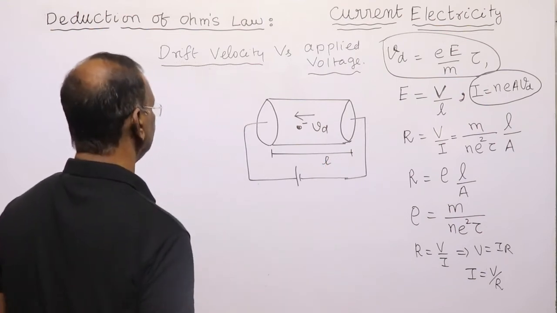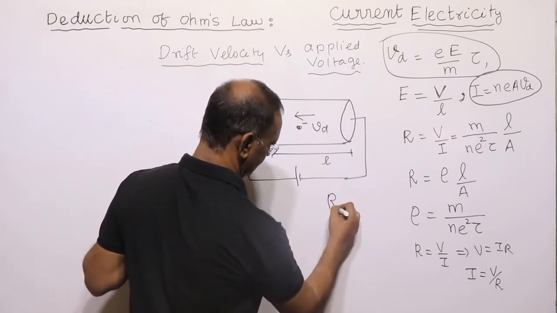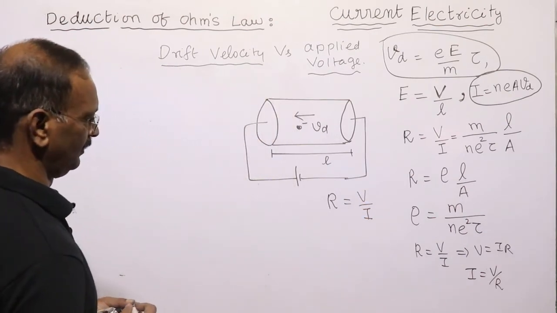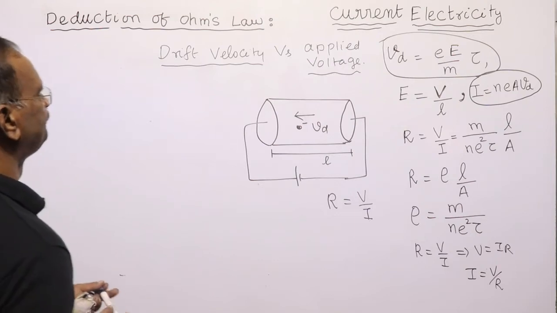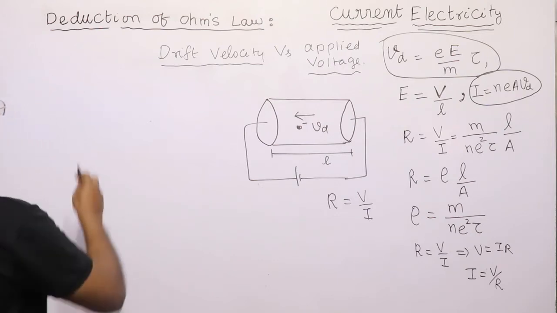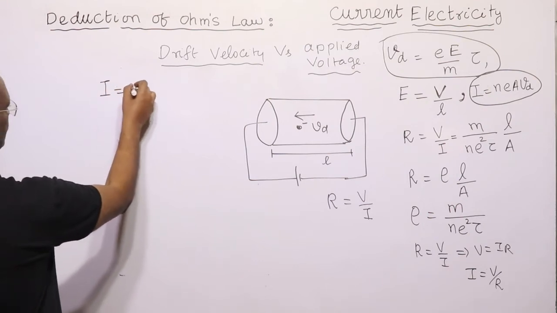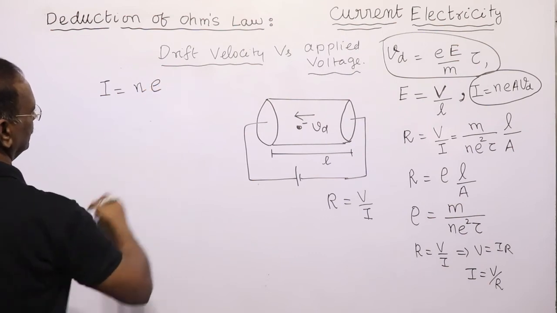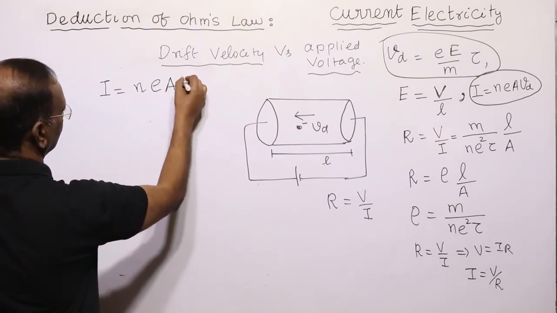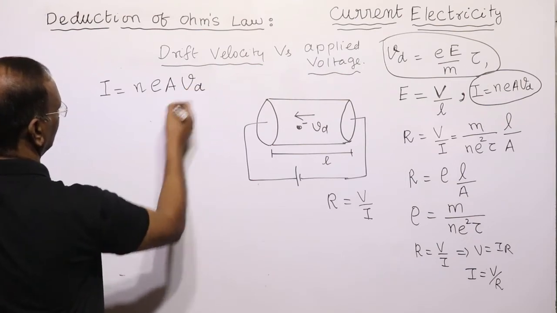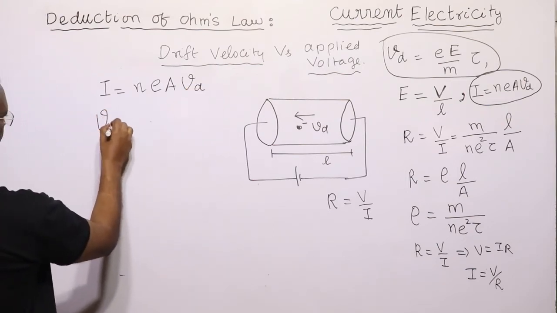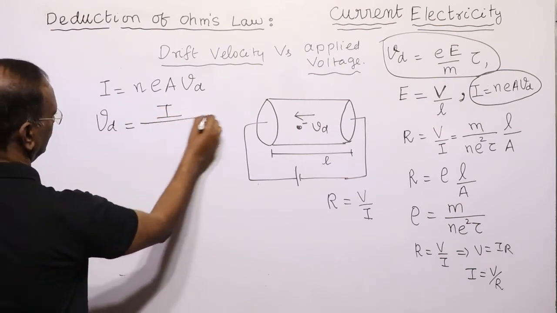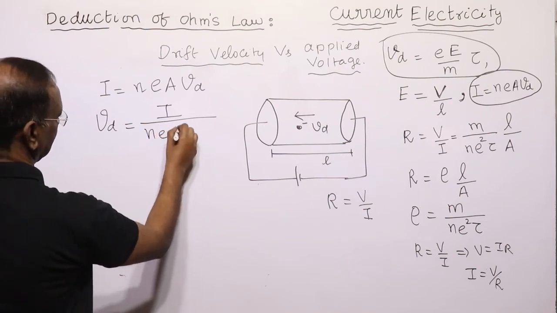We know resistance is equal to applied voltage upon the current flowing through the conductor. And I is equal to n e A vd, so drift velocity can be written as I divided by n e A.